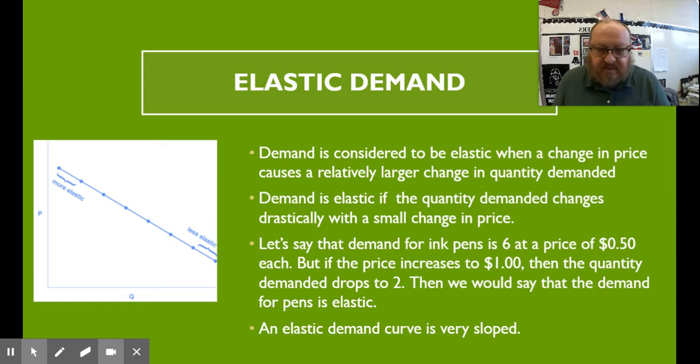Remember, our demand curve always slopes downward from left to right. An elastic demand curve is going to be more towards horizontal, like the one you have there, like my hand here.